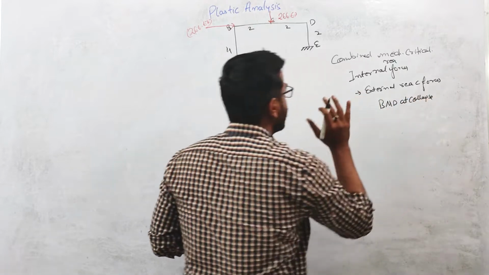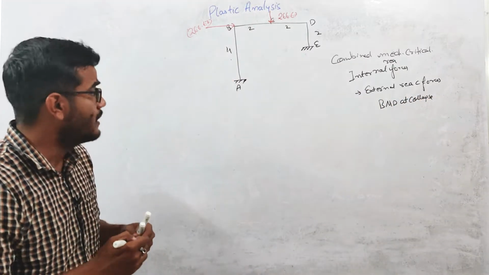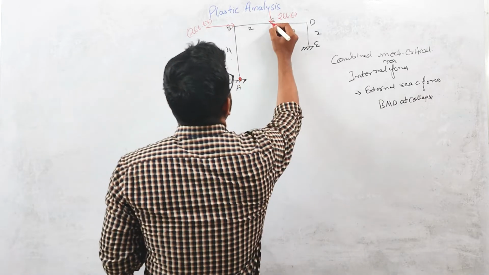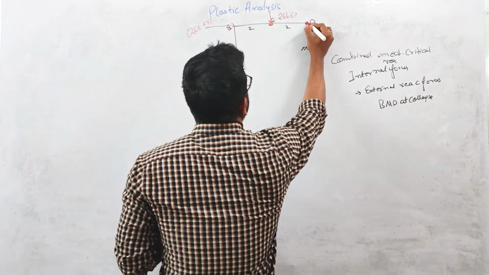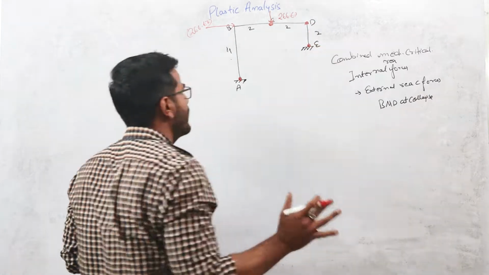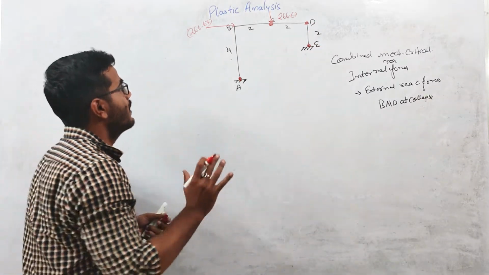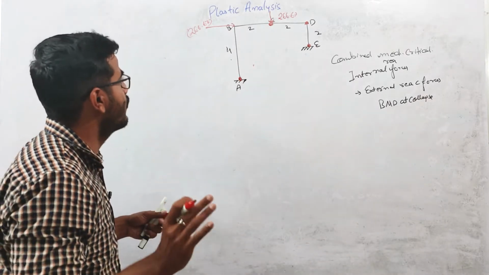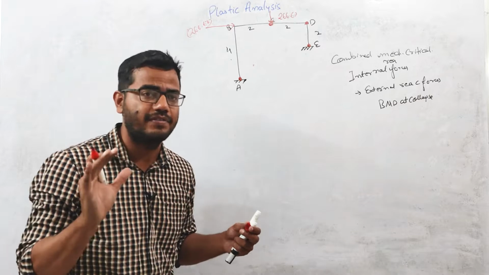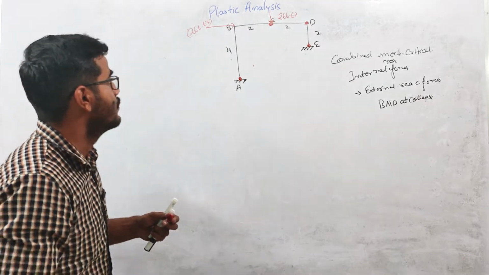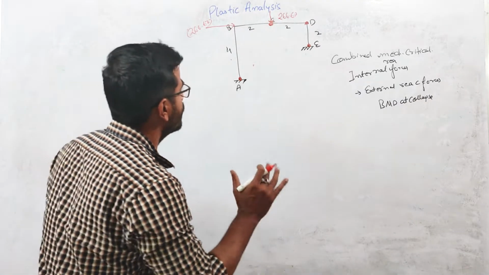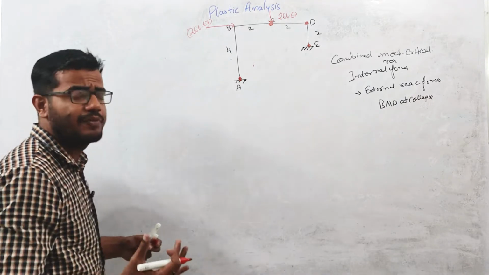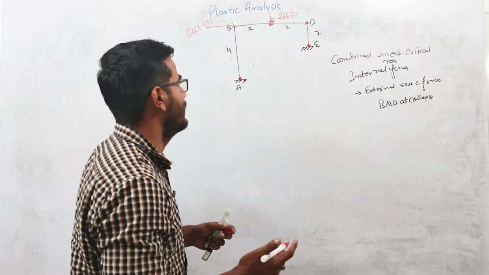When the combined mechanism was coming critical, the plastic hinges were forming at this A point, this C point, this D point, and this E point. So 4 plastic hinges were forming in this frame, right? And the plastic hinge was not forming at this B point. That we have already discussed in the last lecture. So in this lecture, we are going to mainly discuss how to calculate the internal reaction forces and external reaction forces. And with the help of that, we will be drawing the bending moment diagram at the collapse.